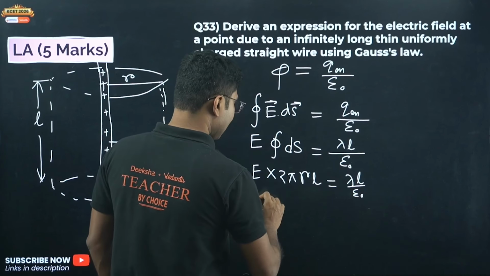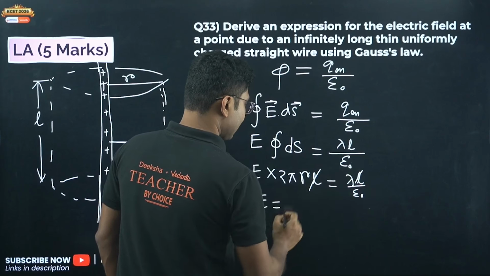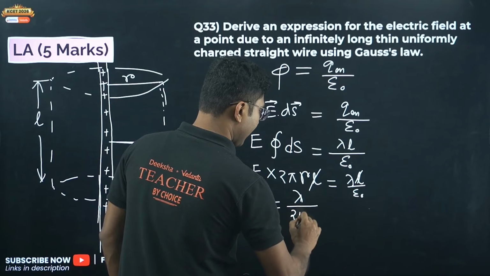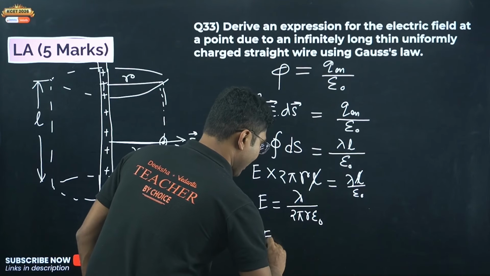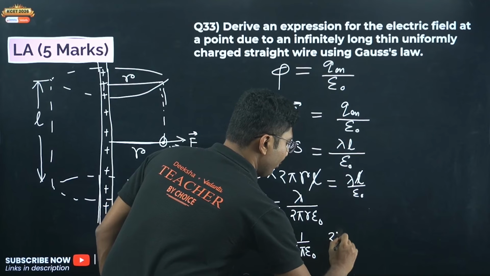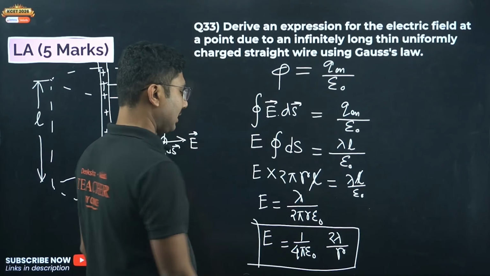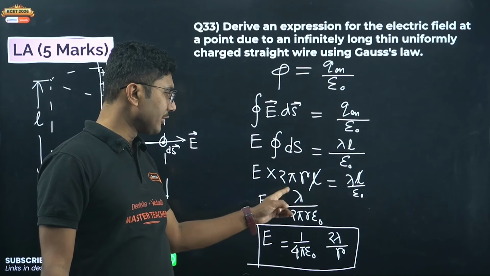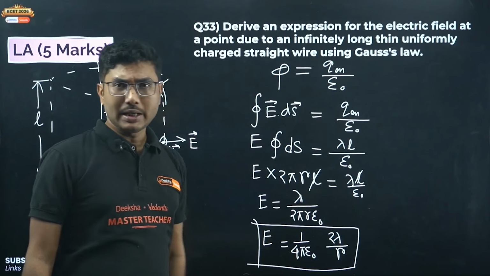Or we can write the electric field is given by, L cancels, lambda by 2 pi r epsilon naught, or we can write it in a fashion 1 by 4 pi epsilon naught times 2 lambda by r. This is a fancy way of writing, nothing new. In lambda by 2 pi r epsilon naught, we have multiplied 2 in the denominator and numerator, so this becomes 1 by 4 pi epsilon naught times 2 lambda by r.